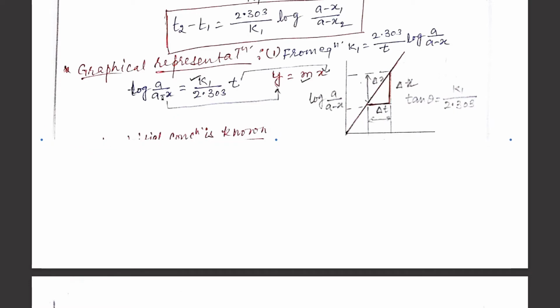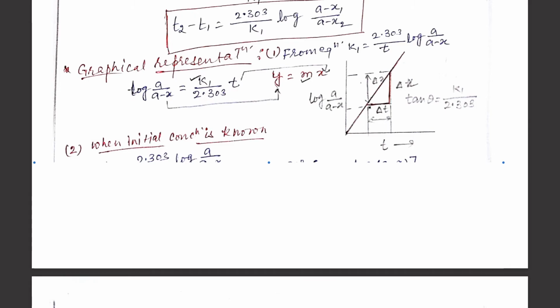Here log A upon (A minus X) is our y coordinate, T is our x coordinate, and K1 upon 2.303 is the slope according to the straight line equation y equals mx. So when we plot the graph of log A upon (A minus X) versus t, we get a straight line passing through the origin.